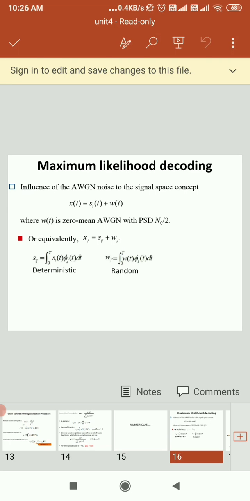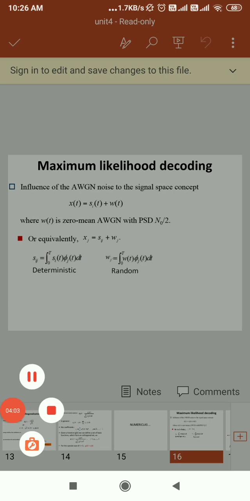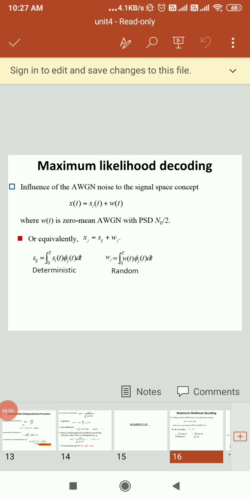So here we are supposed to see maximum likelihood decoding. If we are taking additive white Gaussian noise, we can bring that noise into the signal space concept.